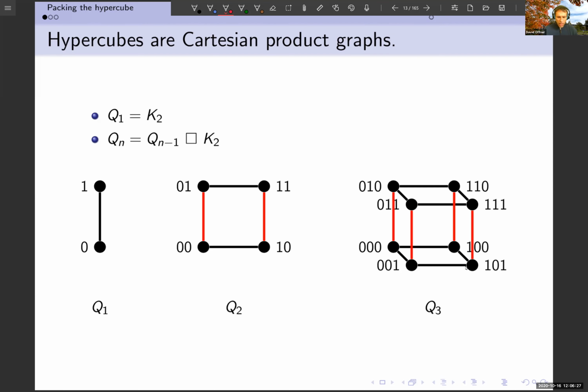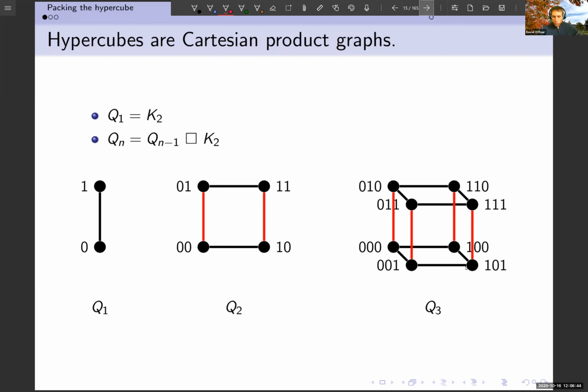As I mentioned, hypercubes can be constructed by taking Cartesian products. Q1 is K2, and inductively the n-dimensional hypercube is the n-1 dimensional hypercube Cartesian product with K2. So Q2 can be thought of as 2 horizontal copies of K2 and 2 vertical ones.